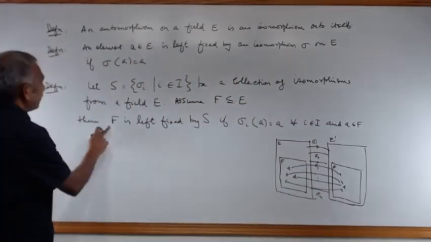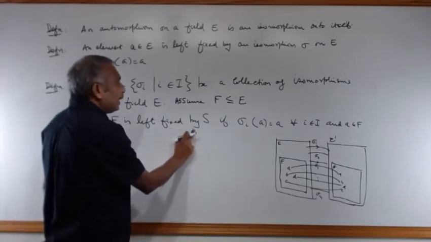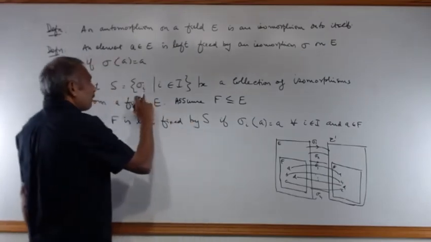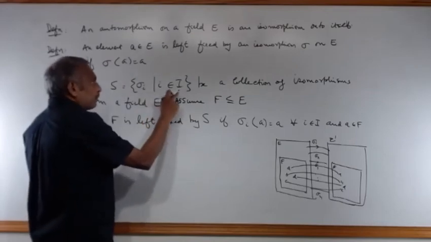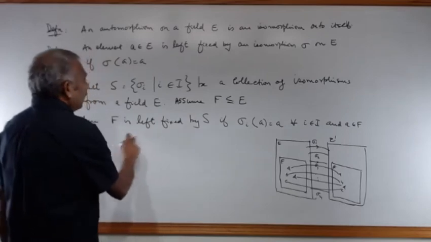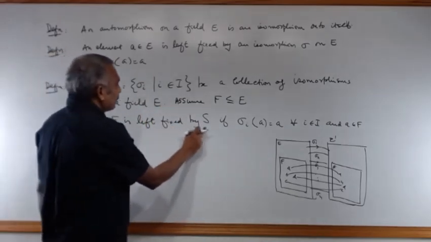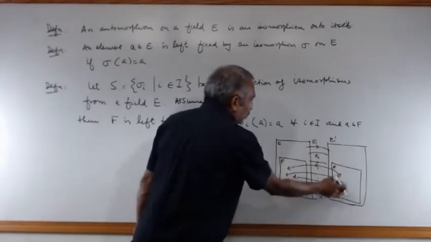Then we will say that F is left fixed by the collection of these isomorphisms. So F is left fixed by S if this condition is true.